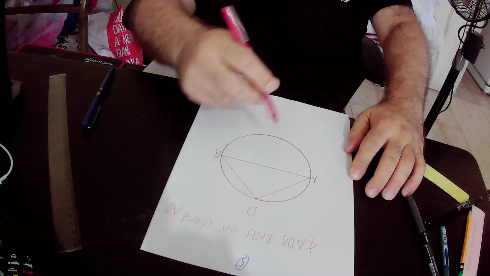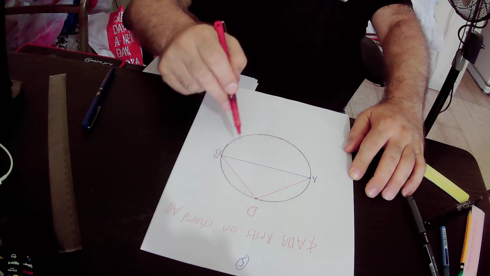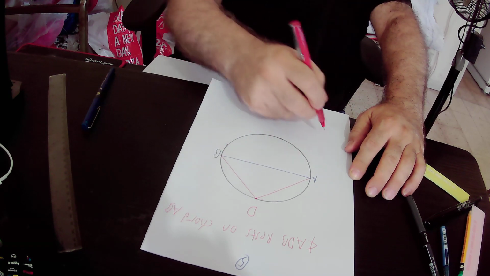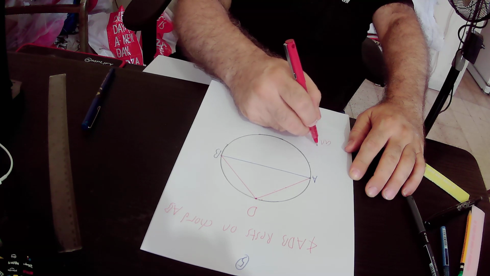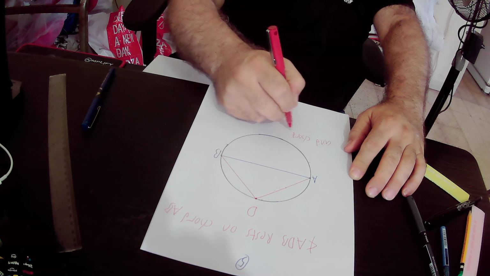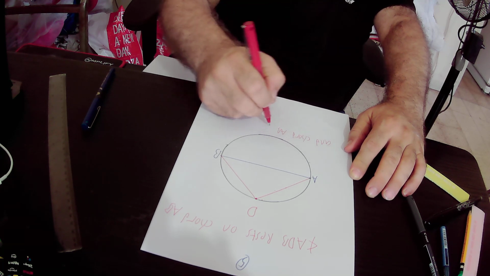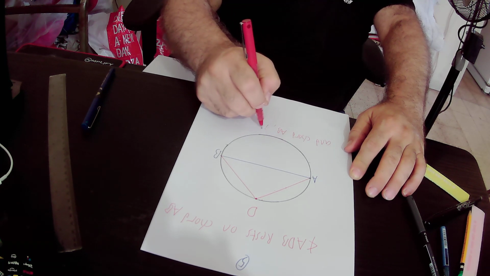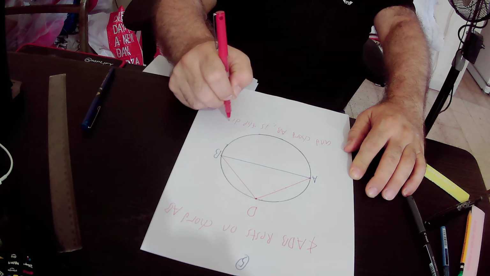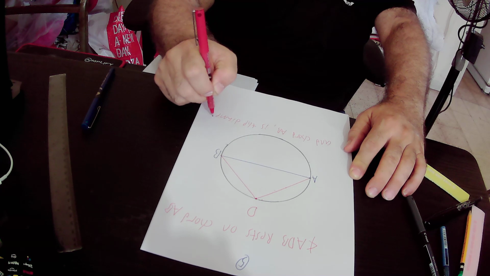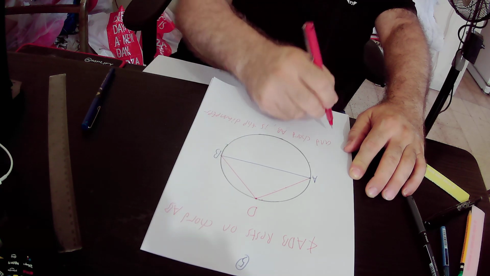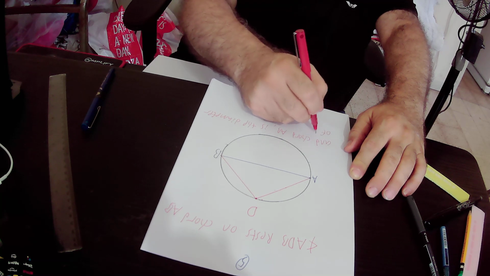So you can see peripheral angle ADB rests on chord AB, and chord AB is the diameter of the circle.